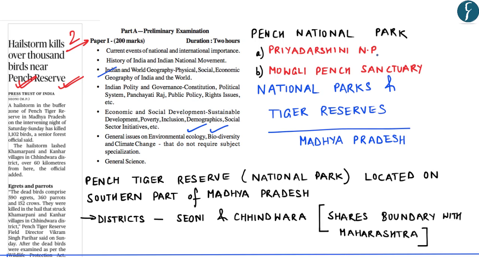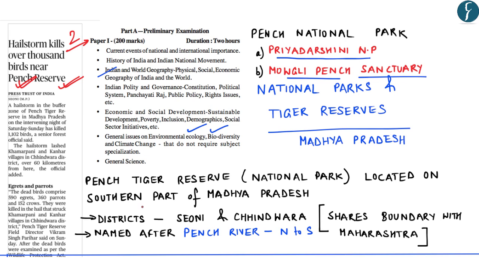The Pench National Park has its area segregated into two divisions. First is that of Priyadarshini National Park and the second is that of Mowgli Pench Sanctuary. The Pench National Park has been named after the river Pench, which flows from north to south and roughly divides the park into two equal halves, that is, western part and eastern part.